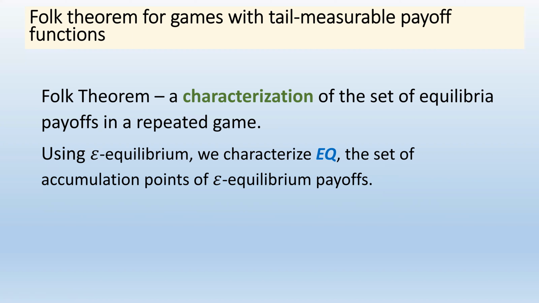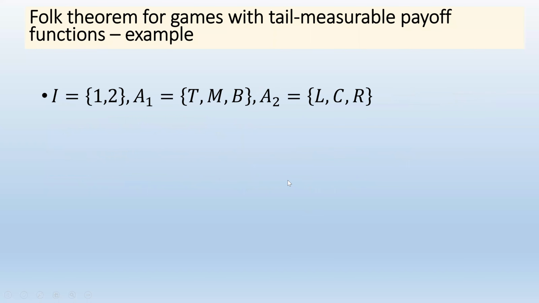To better understand what we mean by that, let's consider an example and try to characterize the set of equilibrium payoffs in the example. So we have a game of 2 players, player 1 and player 2. Player 1 has 3 actions, top, middle, and bottom. Player 2 has 3 actions, left, center, and right.